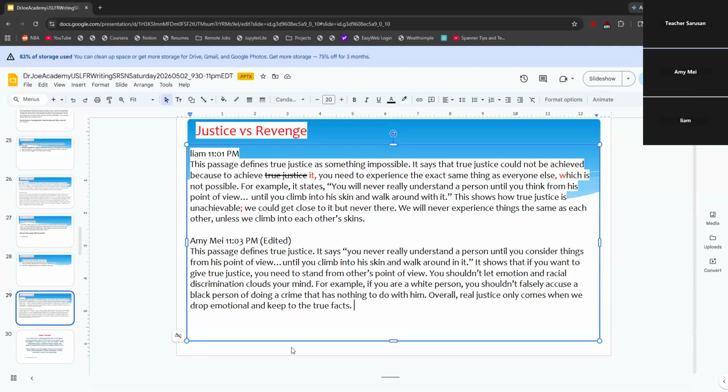You shouldn't let emotion and racial discrimination cloud your mind. I don't need the S here. For example, if you are a white person, you shouldn't falsely accuse a black person of doing a crime that has nothing to do with them. Overall, real justice only comes when we drop emotional and keep to the facts.